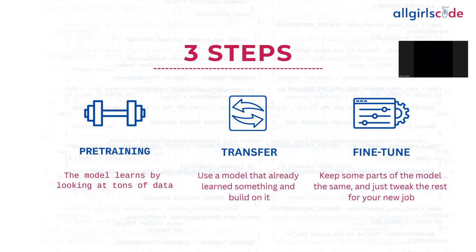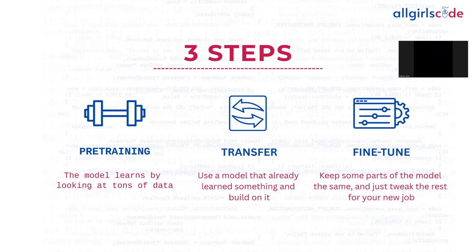For example, it's going to look at millions of images of animals, of people, objects. Then it's going to use that knowledge. So we take that smart model and reuse it. So it's like giving your little sister your old school books. So we're going to use this model that already learned something and we're going to build upon that knowledge.